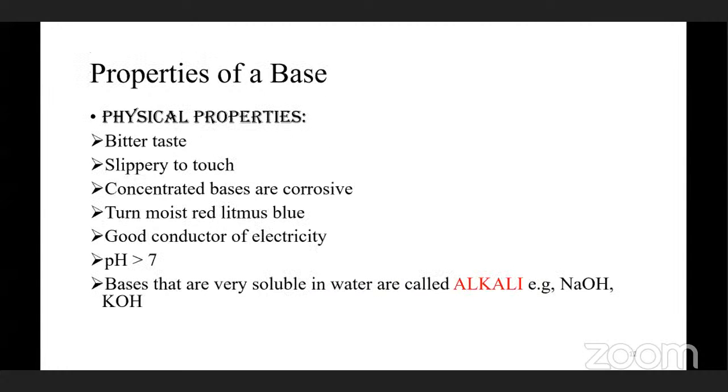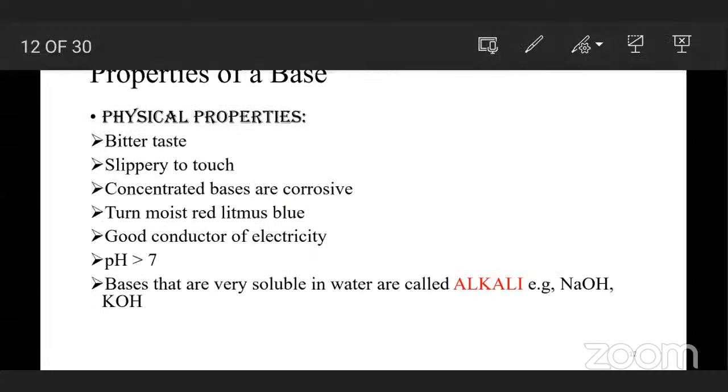Okay, let us look at the properties of the base. We'll first consider the physical properties before we move on to the chemical properties. If you remember, at times when you're taking your bath, you may observe that the soap you are holding with water in your hand keeps falling or dropping. It's just slippery and not very easy to handle. That is because the soap has as part of its ingredients a base.